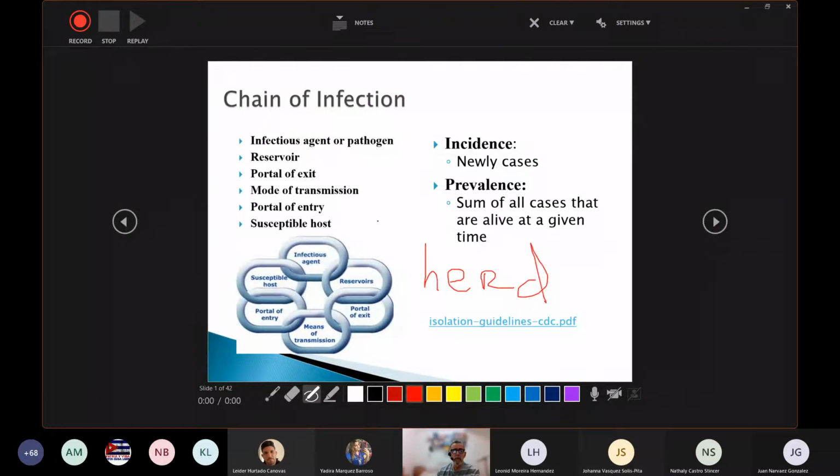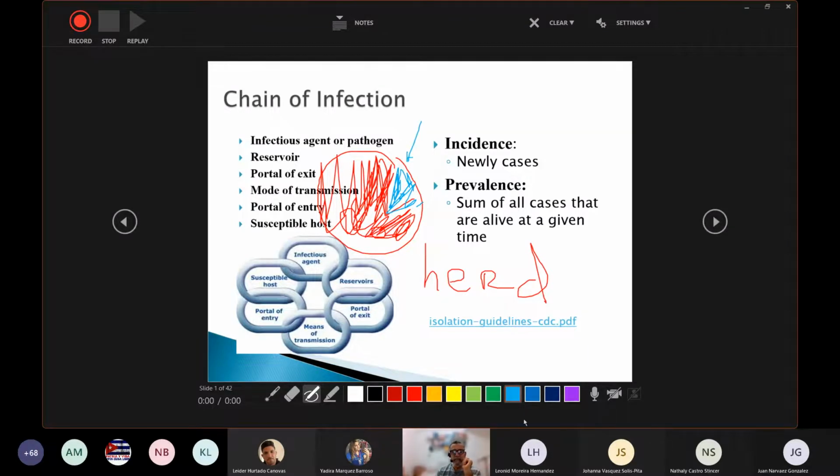Herd immunity is when an important proportion of the population is immune, either because it has already suffered the disease or is vaccinated. The part of the population that is not immune because it has not been vaccinated is protected.